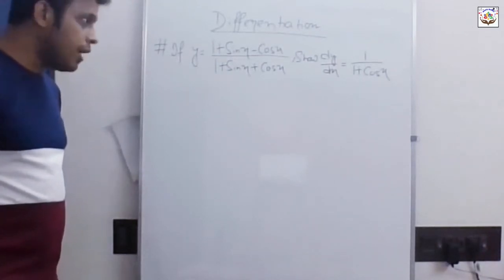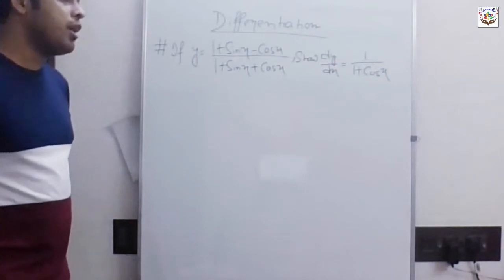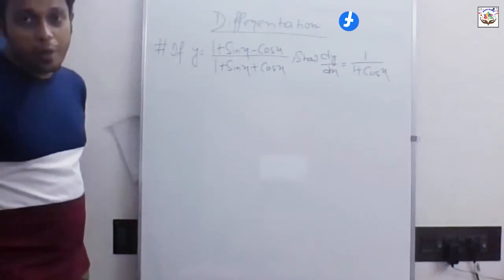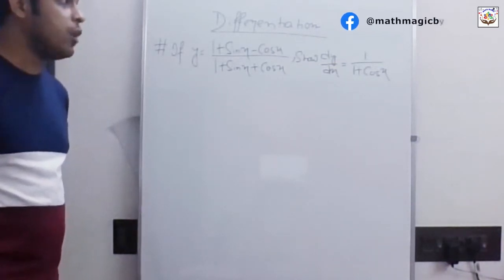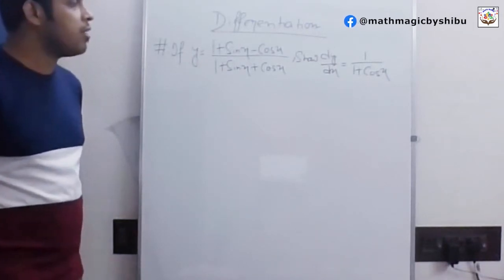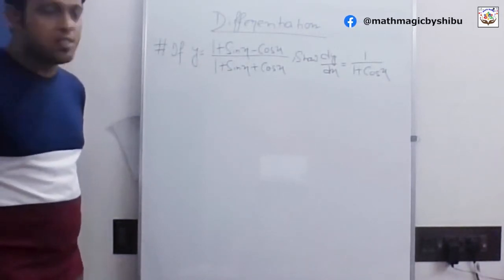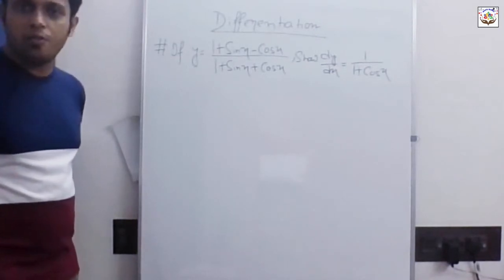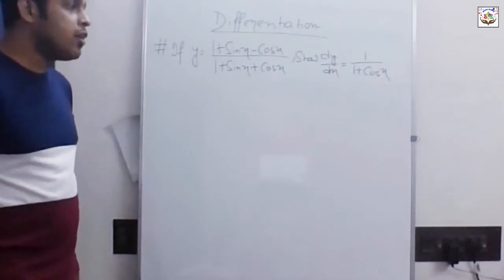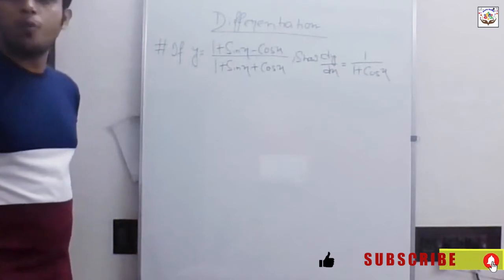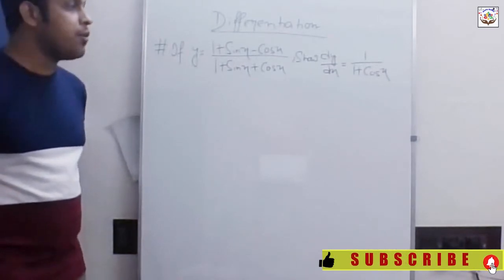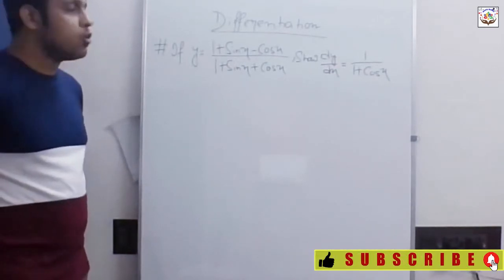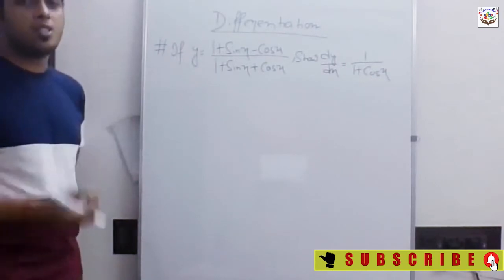To do anything, you need to remember the trigonometry formulas that I am telling you again and again in a few of my videos on differentiation, because to solve various problems of differentiation, you need to remember a few formulas from trigonometry. It will definitely help you to solve the problem in 3 to 4 steps.